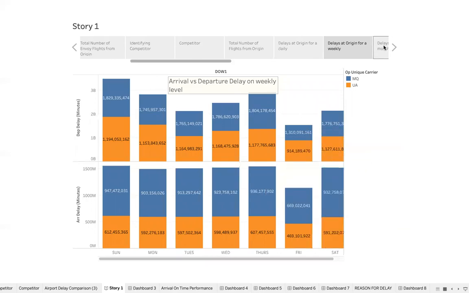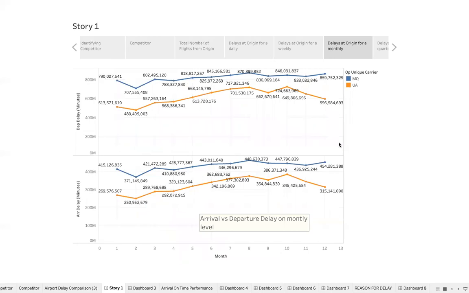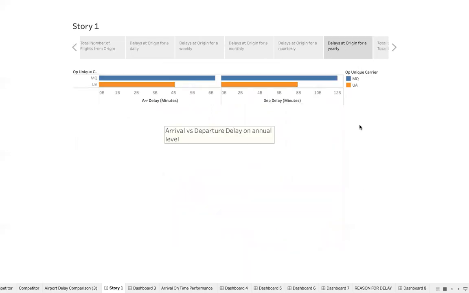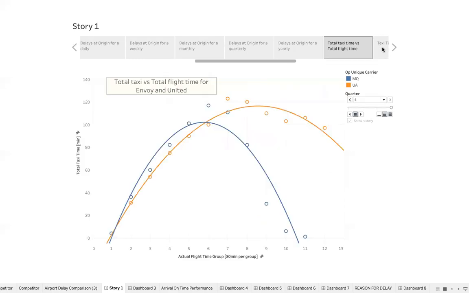Even in this, we see the same trend. And this is on a monthly basis. This is on a quarterly basis, and finally on a yearly basis. It is clear that United Airlines has higher delays at origin when compared to Envoy Air.